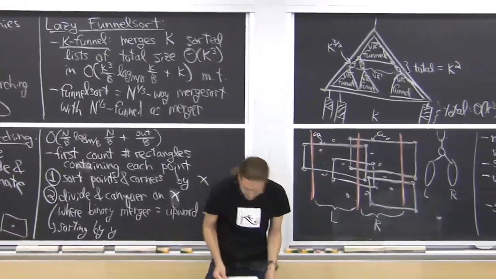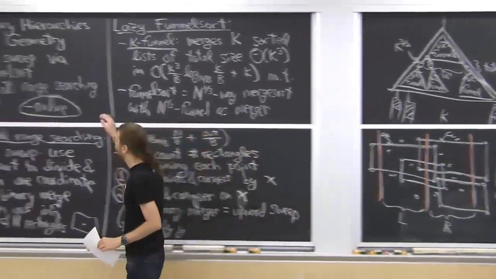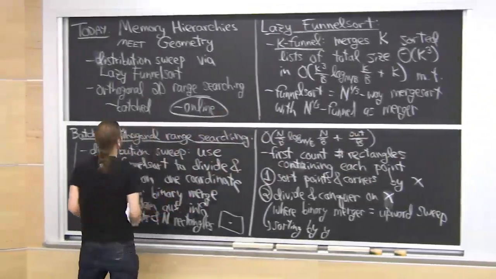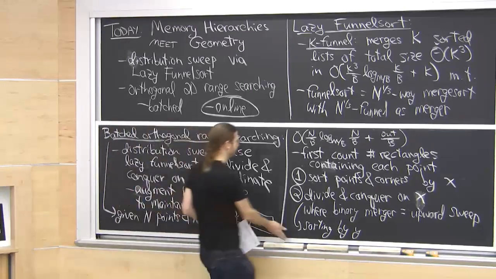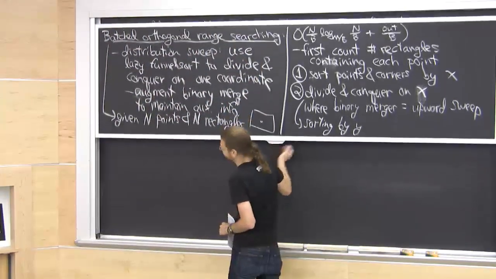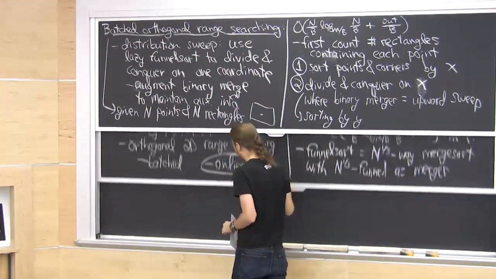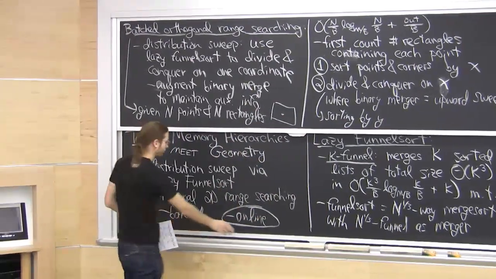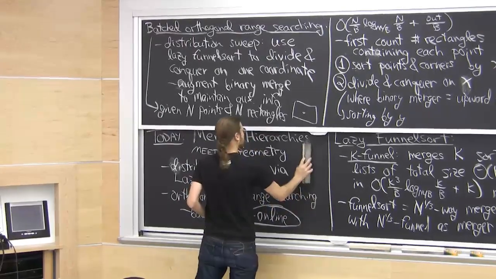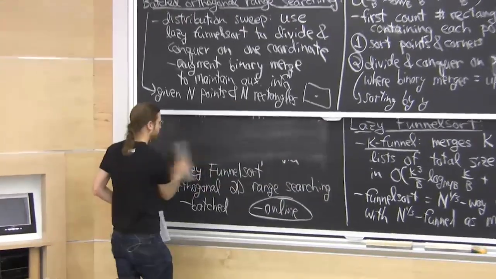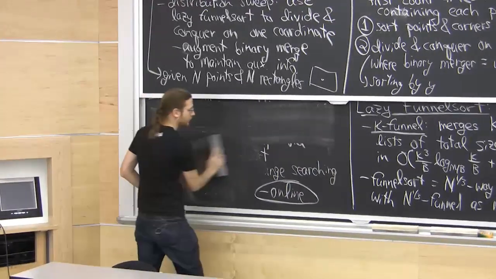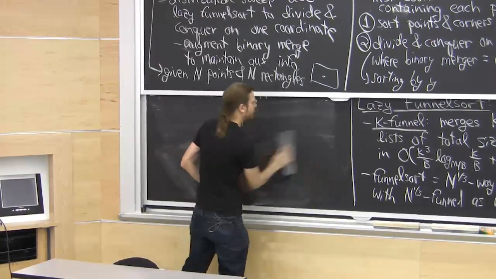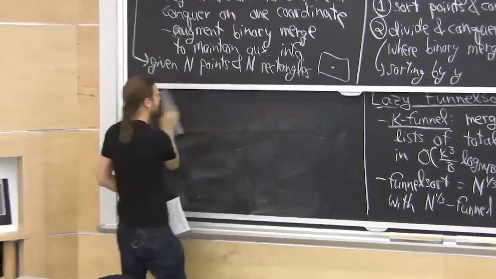But I want to move on to online orthogonal 2D range searching, because it's the hardest and coolest of them all, unless there are more questions. All right. So we did the range counting problem in detail and hand-waved the actual getting the funnel.